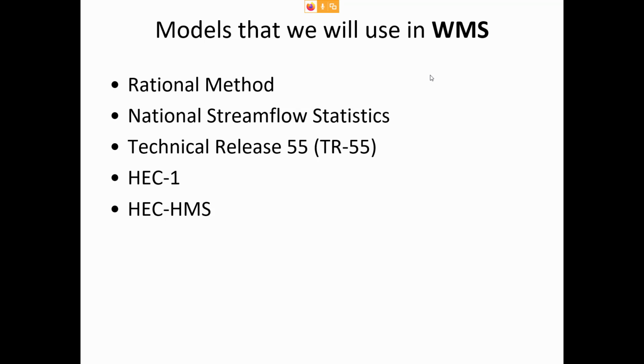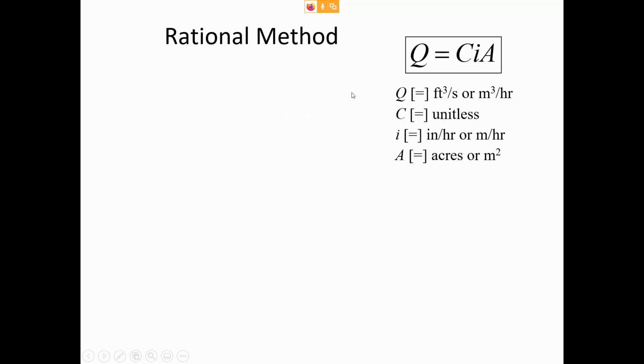Aquaveo is using government-developed models, or just concepts that have been out there a long time, like the rational method. And so this is listed in increasing sophistication, different ways of estimating the runoff coming from a watershed. Rational method we've talked about before, where we're just trying to calculate the peak runoff from a storm, where the rational method C value is related to how much impervious area there is.